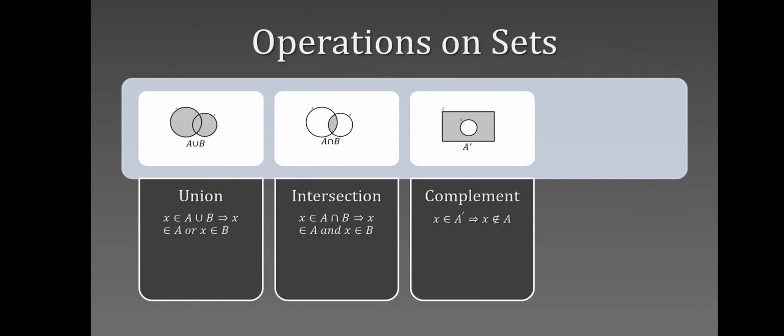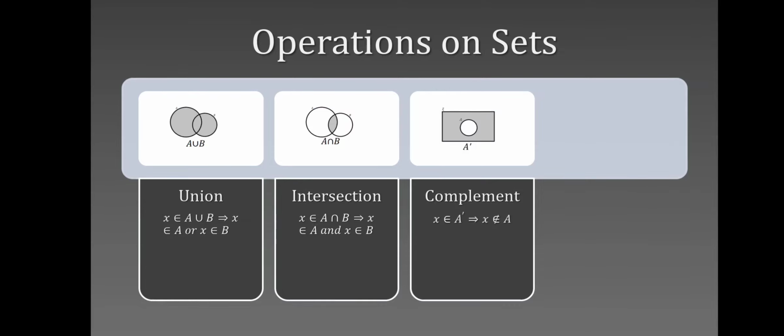Then complement. Complement means something which is not there. So when I'm taking a set and finding its complement, it means anything but the set, anything outside the set. For finding a complement, we must have a universal set, and there must be a set inside the universal set.